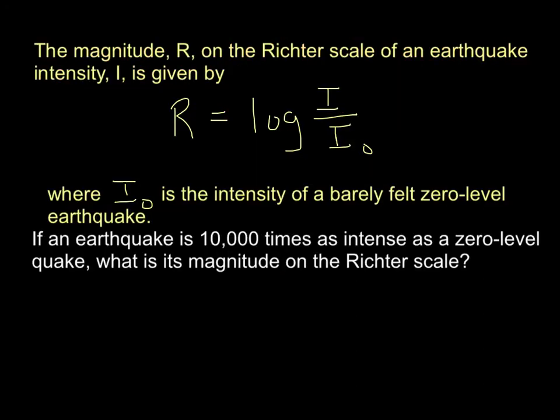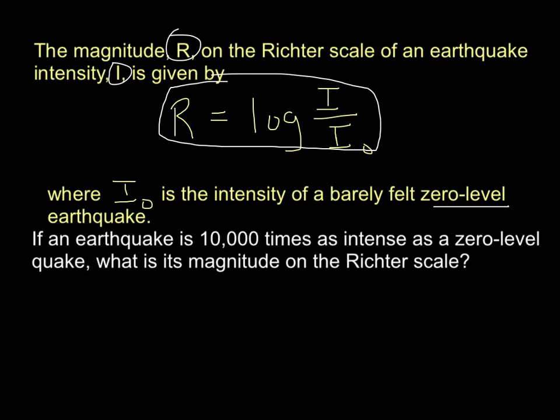Okay. And here's another example of a logarithmic function and its application, talking about the Richter scale, or the magnitude of an earthquake. Okay. So the magnitude is represented by the value of R, this Richter scale value, and I is the intensity. And we have this formula here where R is equal to the logarithm of I, the intensity, divided by I naught. Okay, this I naught is what we call a zero level earthquake.